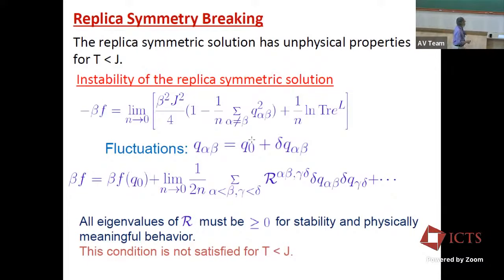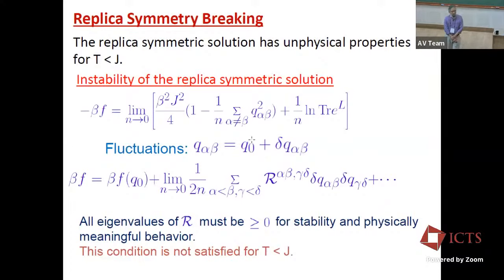So then the first derivative, of course, is 0, since we are expanding about a stationary point. So then we have beta f q0, and then the second derivative matrix, and then delta q alpha beta, delta q gamma delta.